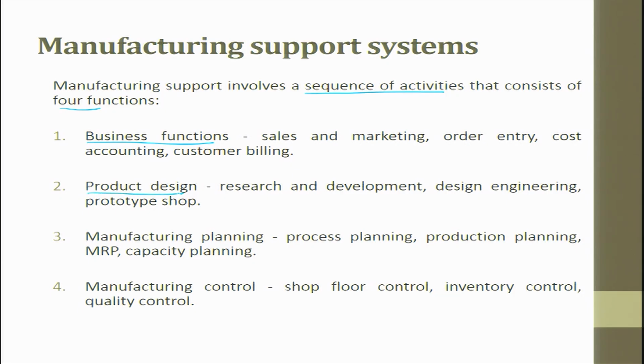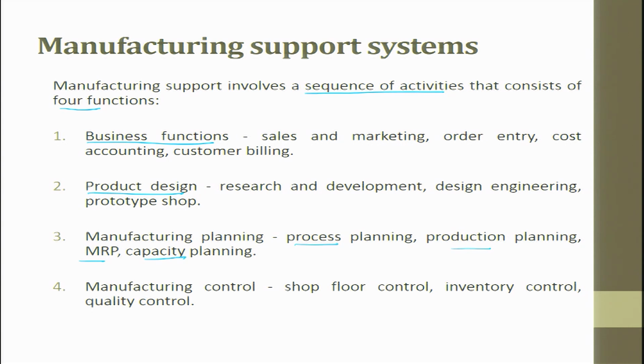When we talk about product design, it is research and development, design engineering and prototype shop, all are part of product design. When we talk about manufacturing planning, it is process planning, production planning, MRP, materials or manufacturing resource planning. Today it is also called as enterprise resource planning, ERP, a higher version of MRP.